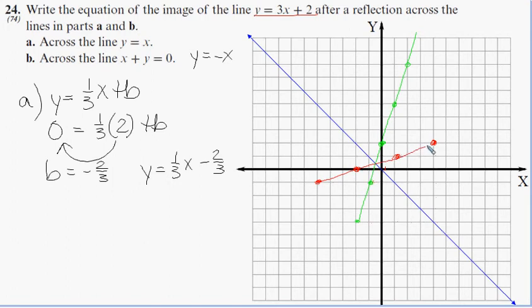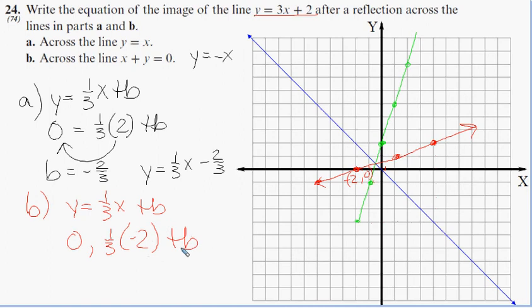So now we have our new line, and this is going to be b. We know that y equals 1/3 x plus b, but this time it's above the y-axis, so the y-intercept is a little bit bigger. Let's use this point, which is (-2, 0). Plugging it in, we get 0 equals 1/3 times -2 plus b.